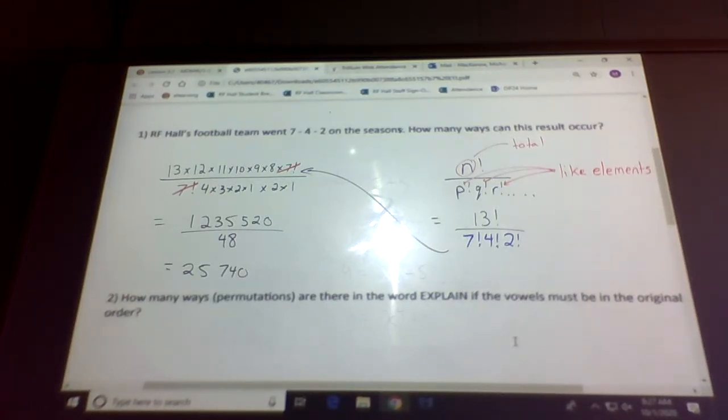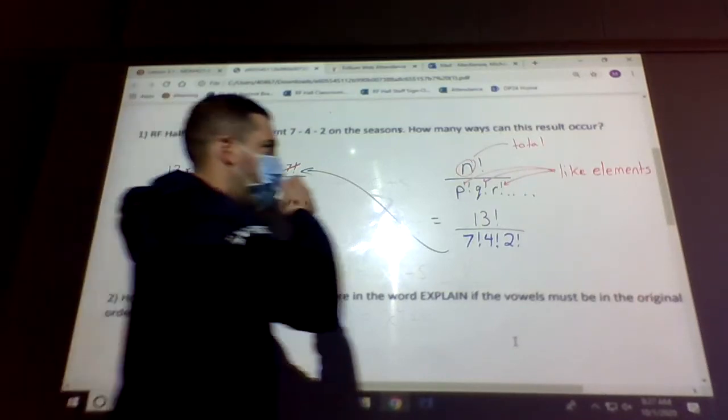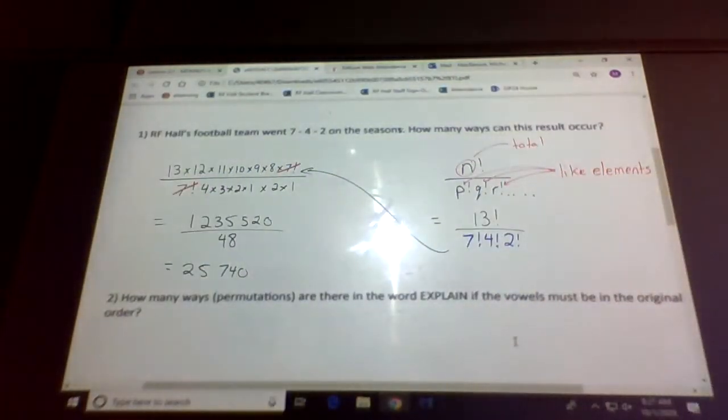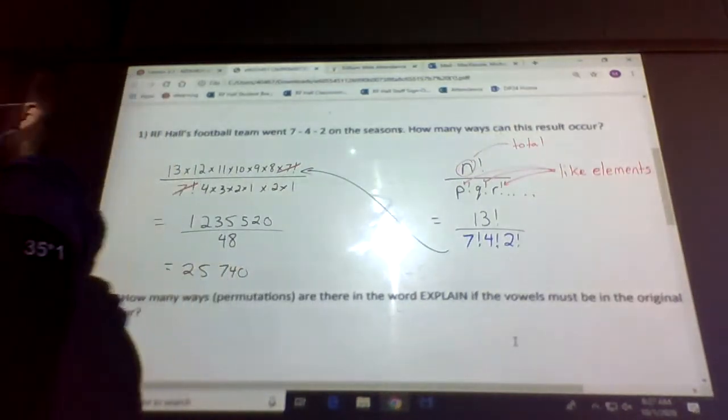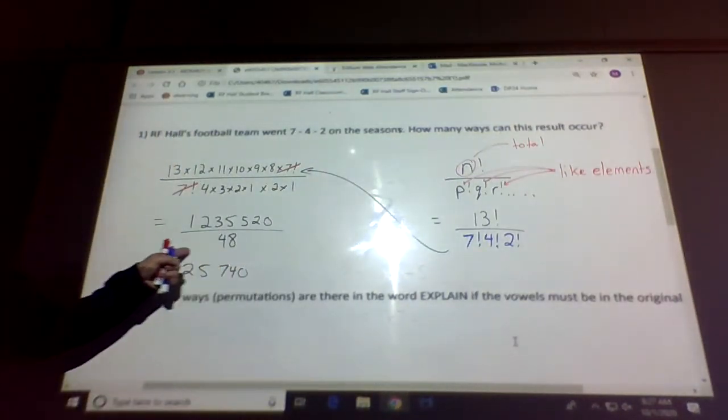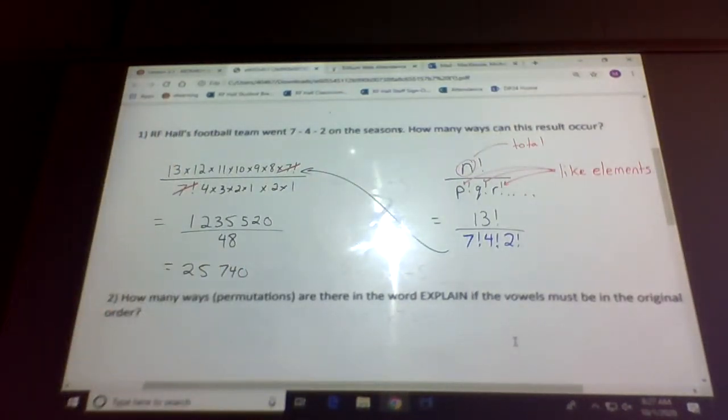Okay, so there'll be 25,740 different ways that the results can occur. So rearranging the wins, losses, and ties in different orders, there's this many combinations, given that we take away the overlap.